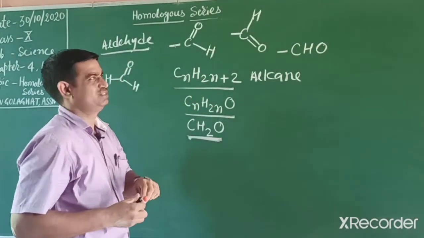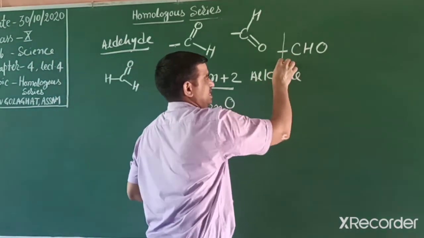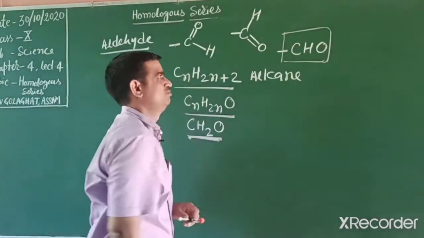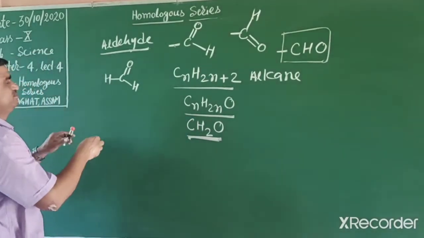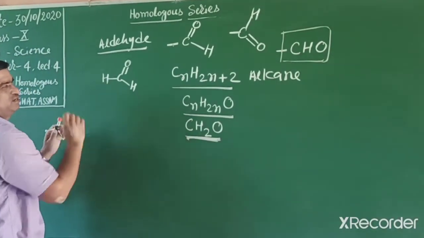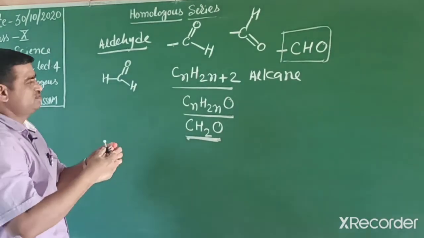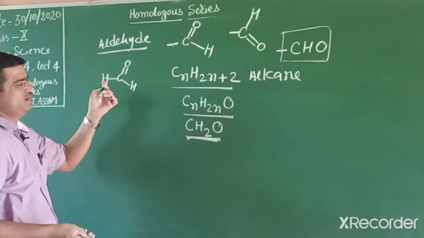Friends, in your NCERT book, aldehyde is represented as CHO and alcohol as OH, slightly different. So for the next homologous member, how can we make it?